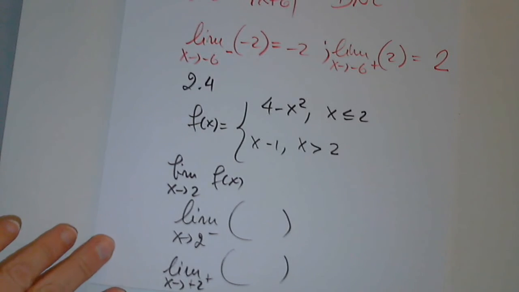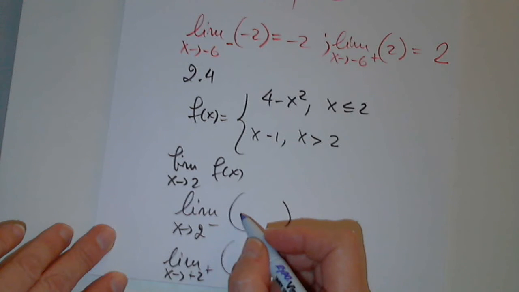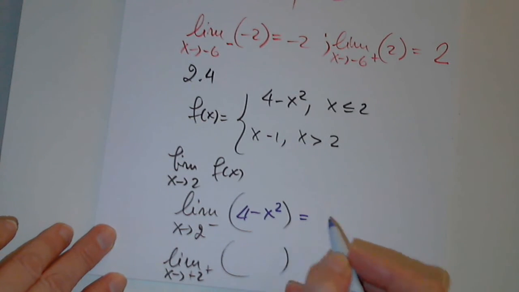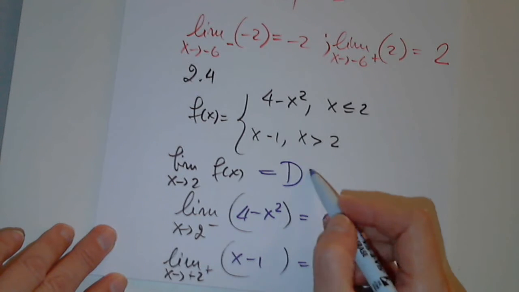From the left, I got 0. From which function? From 4 minus x squared. Very good. And yes, I got 0 too. From the other side, obviously, will be x minus 1, and we get 1. So what do we conclude about the limit from either side? Does not exist.